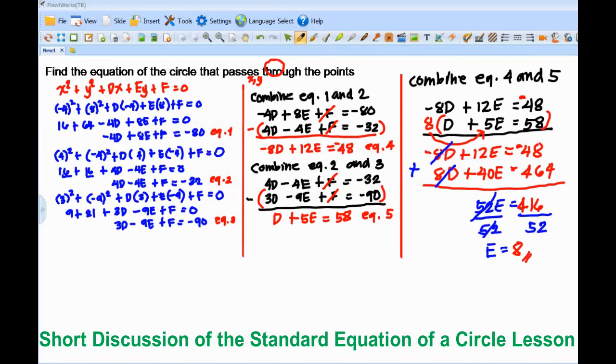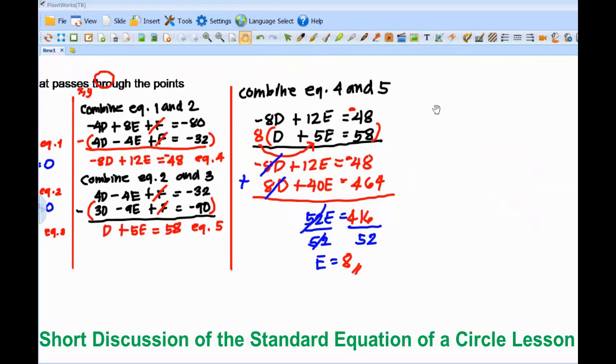I remember the answers yesterday were all whole numbers. Now let's get the value of B. We will use this equation: negative 8B plus 12 times our E, which is 8, is equal to negative 48. After that, we will solve. Negative 8B, 12 times 8 is 96, equals negative 48.